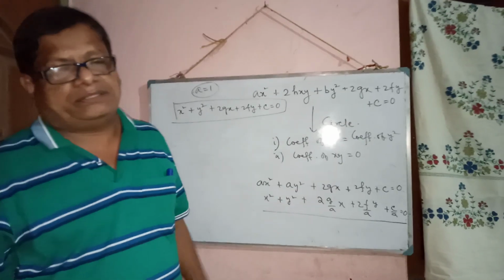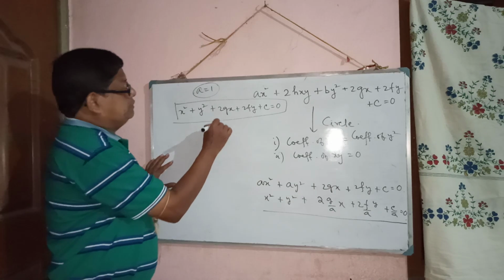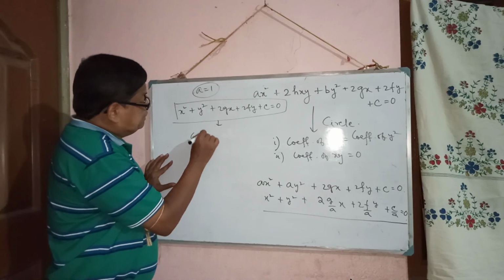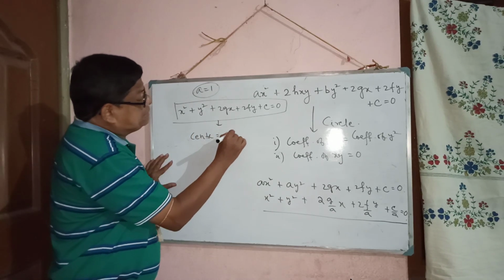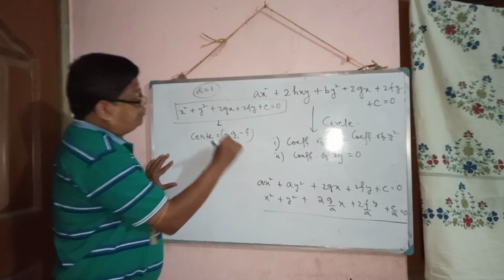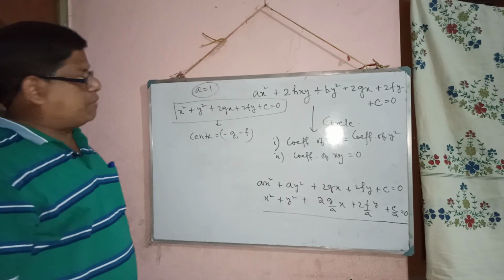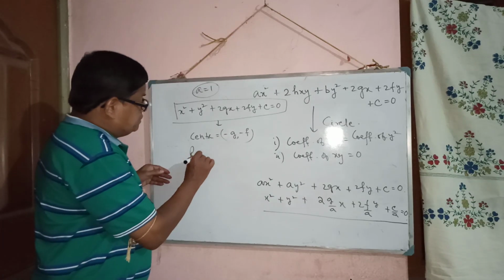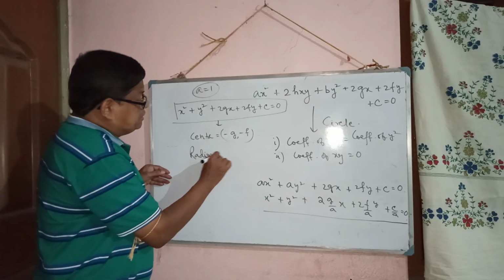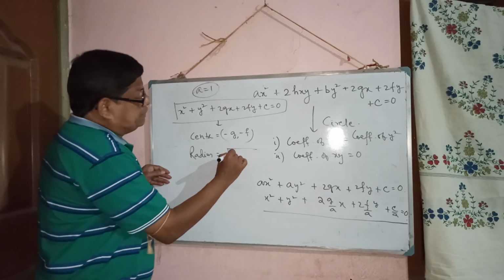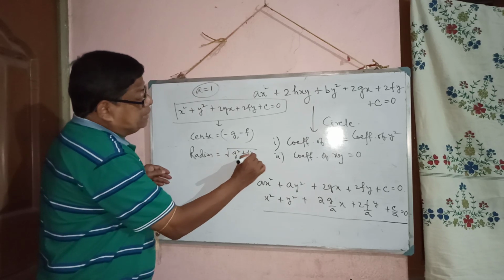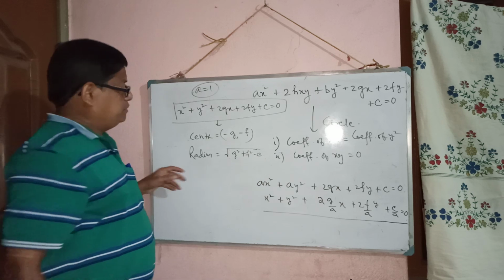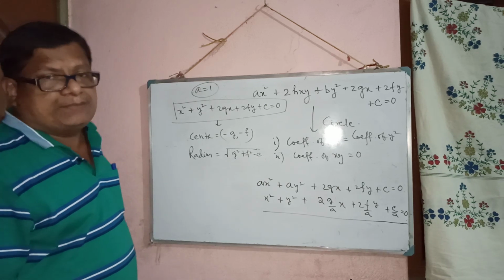Its center is minus g, minus f, and radius is root under g square plus f square minus c.